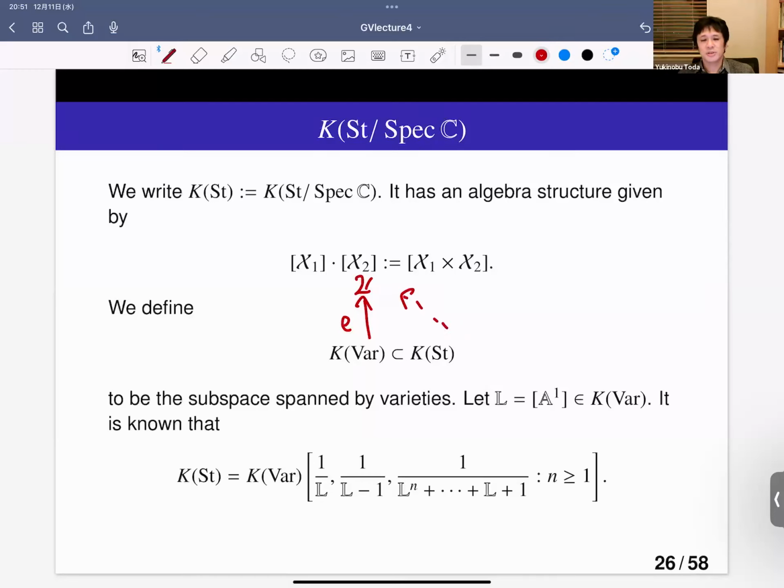This is because for a stack, its cohomology is infinite dimensional in general, and it usually happens when there are some tori in the stabilizers of stacks. For example, if we consider BT, where T is a torus, then one may try to define the Euler characteristic as 1 over the Euler characteristic of T, but of course the Euler characteristic of the torus is 0, so it does not make sense.